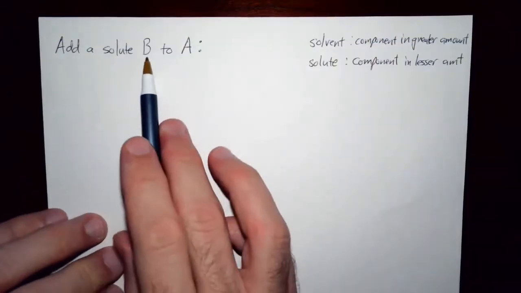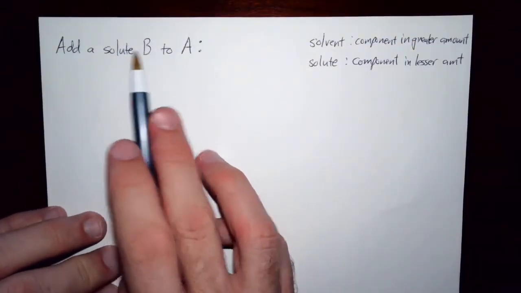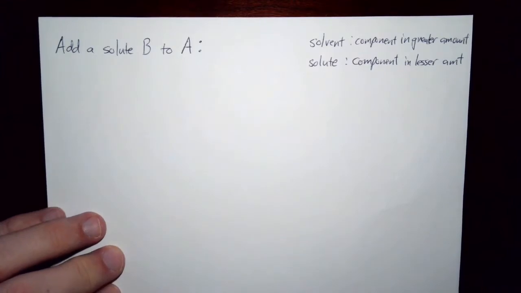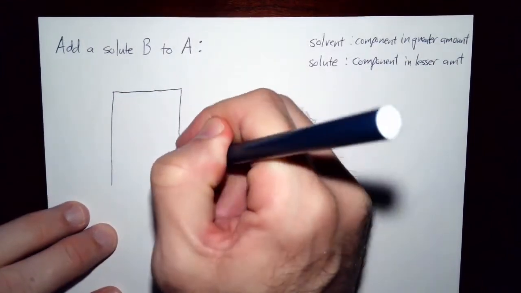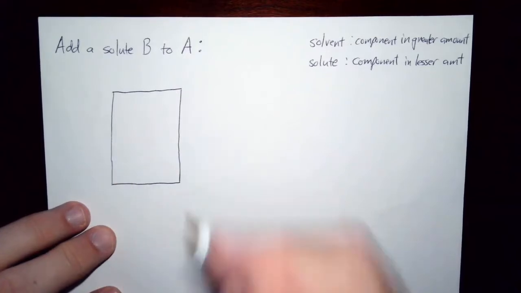Okay, so if we're calling B a solute, then we're basically implying that there's not as much B as there is A.